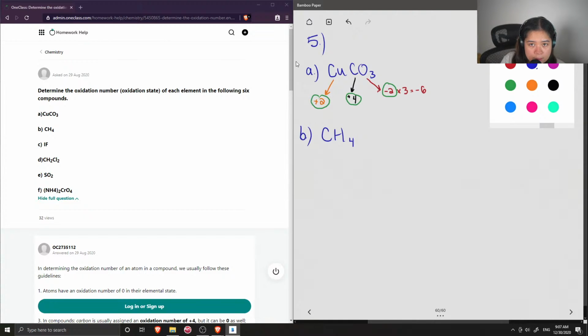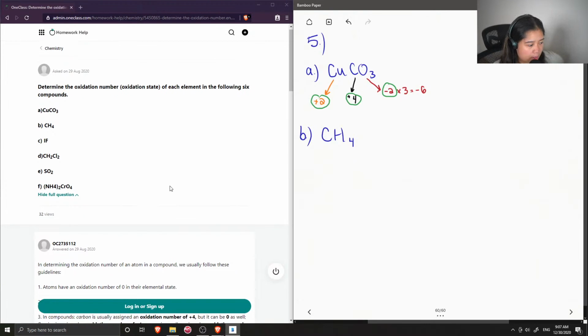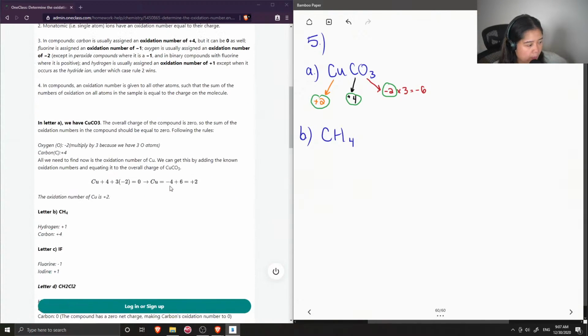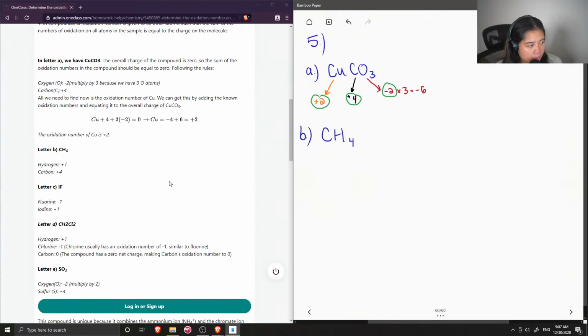So the carbon typically has an oxidation number of +4.